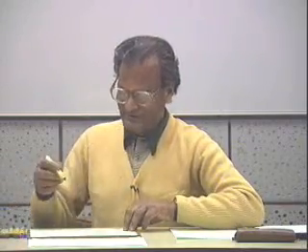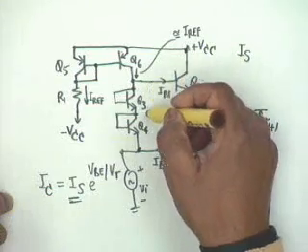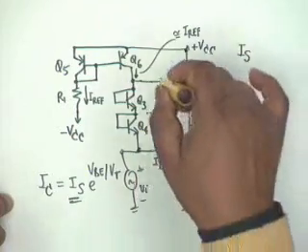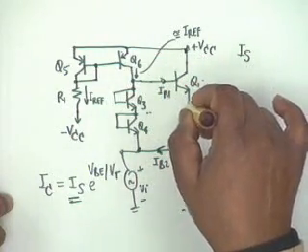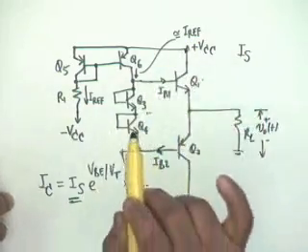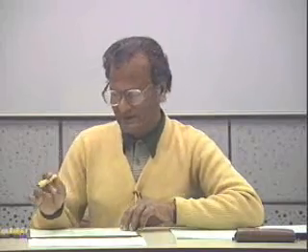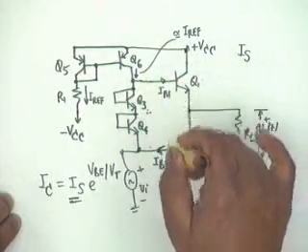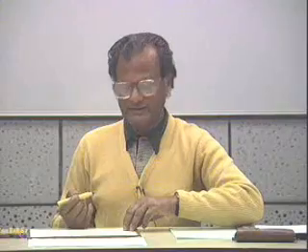You see, what we want is that VBE3 plus VBE4 should be equal to VBE1 plus VBE2. That this is a balanced circuit is a different matter, but analytically we shall bring that balanced equation later. But analytically, our simple KVL is that VBE3 plus VBE4 is equal to VBE1 plus VBE2. Okay, let's write this equation.